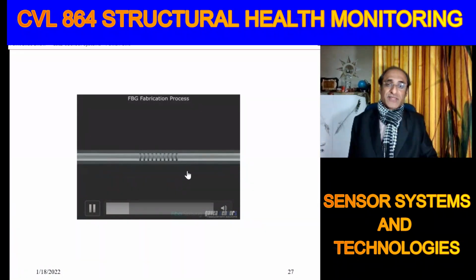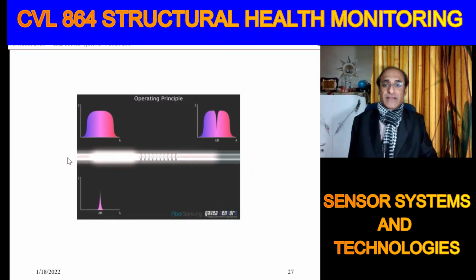These gratings will act as filters and they will reflect a particular wavelength. For example, now light is going, and one particular frequency is reflected back. This is the Bragg wavelength, and the remaining light passes. So when the fiber is under stretch, this Bragg wavelength will undergo fluctuation, and this is used for strain measurement.